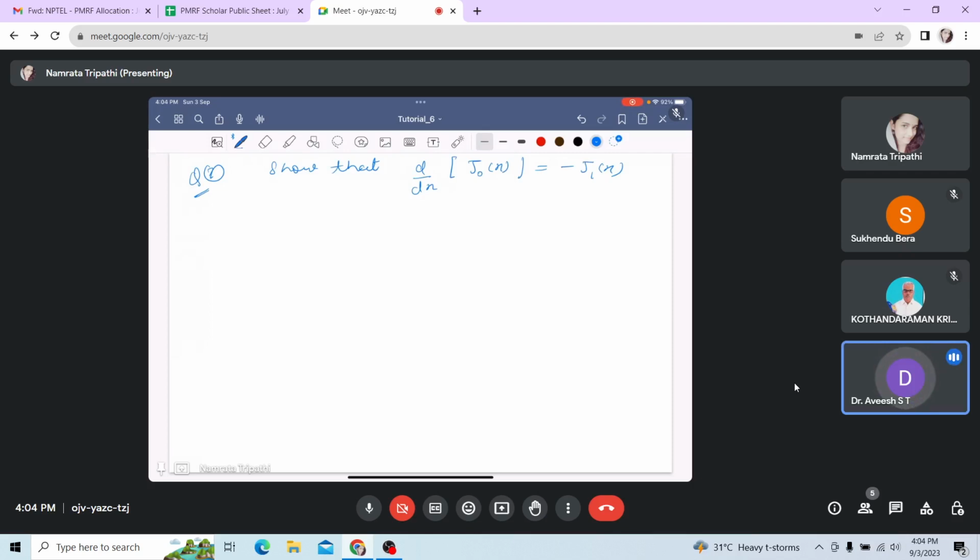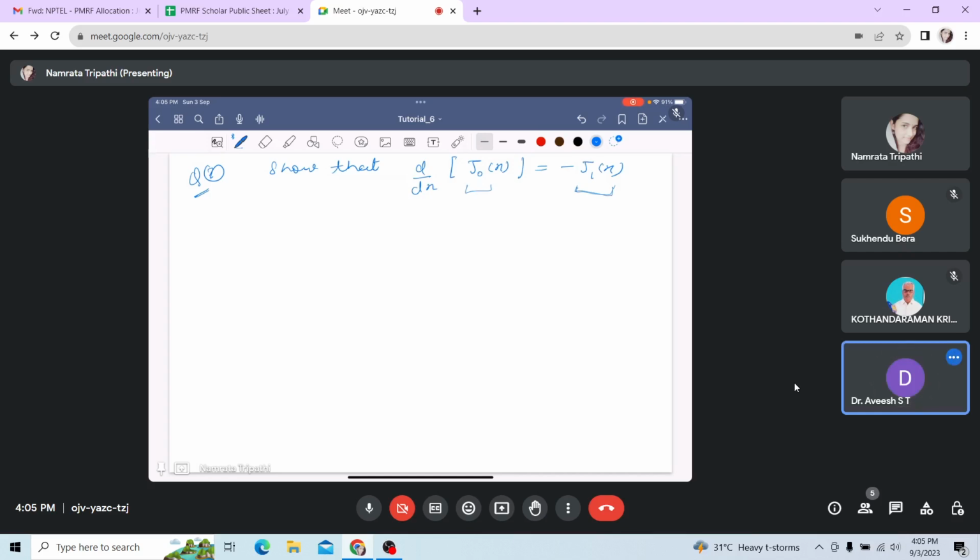Jn dash of x is equal to 1 by 2 of jn minus 1 of x minus jn plus 1 of x. Is it? No, you have to simply tell me the recurrence relation which will connect the negative of n plus 1 and n. Is there any recurrence relation?